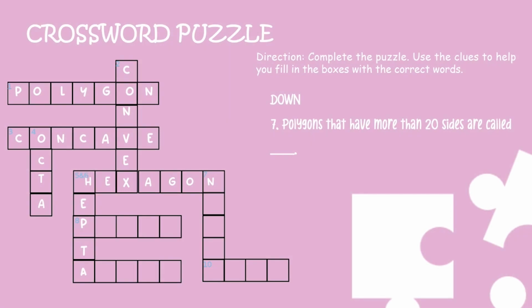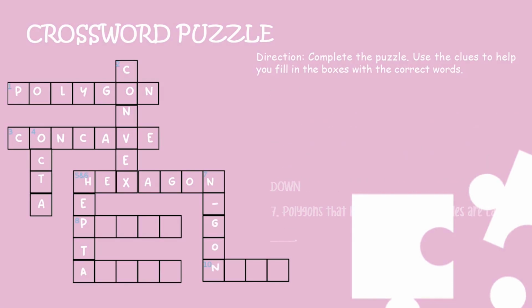Number seven, down: polygons that have more than 20 sides are called blank. What is it? The only clue is the first letter is N. Correct.